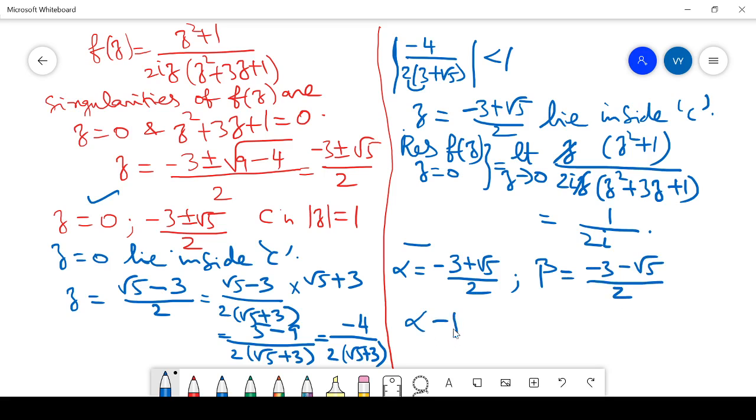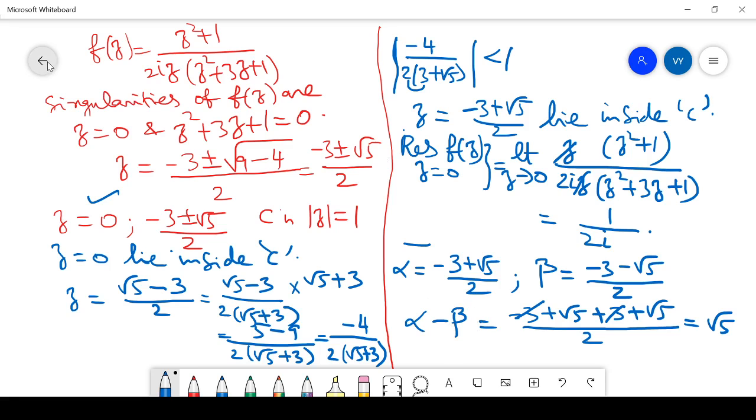I calculate alpha minus beta. This will be minus 3 plus root 5 plus 3 plus root 5, whole divided by 2. These two get cancelled and I will have root 5. So alpha minus beta is root 5. You keep this in mind.